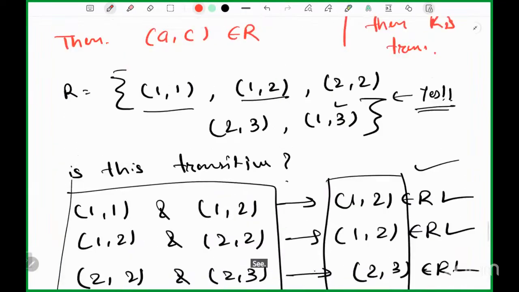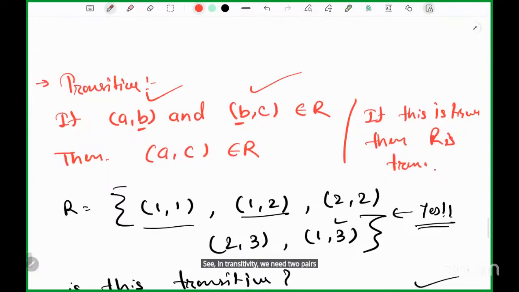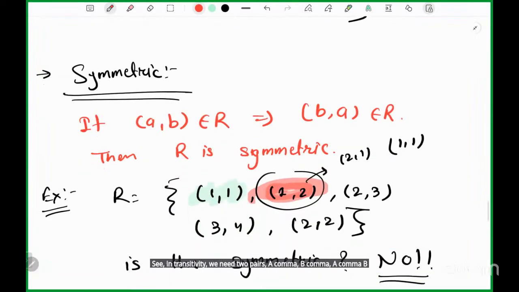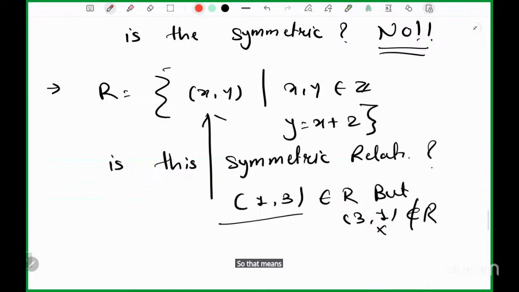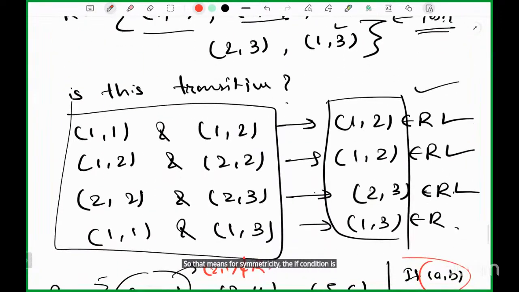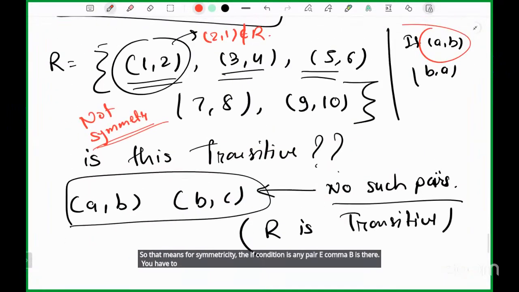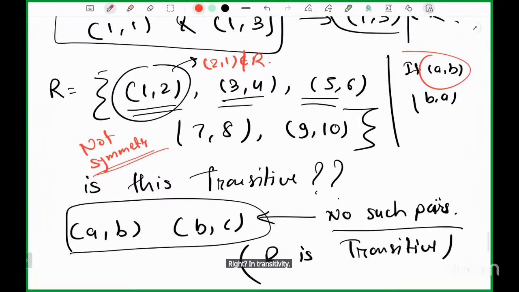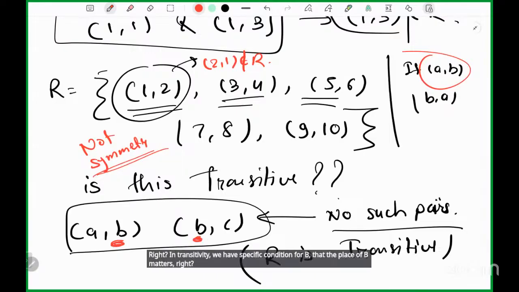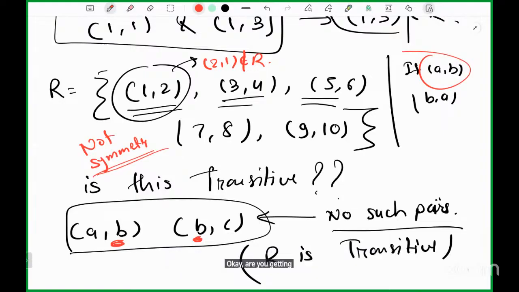In transitivity, we need two pairs, A comma B and B comma C. But in symmetricity, the if part contains only one pair, any pair A comma B. So you have to check whether B comma A is there or not. In transitivity, we have a specific condition that the place of B matters: A comma B should be there and B comma C should be there. So it's a strong condition other than having just a pair. Are you getting my point?